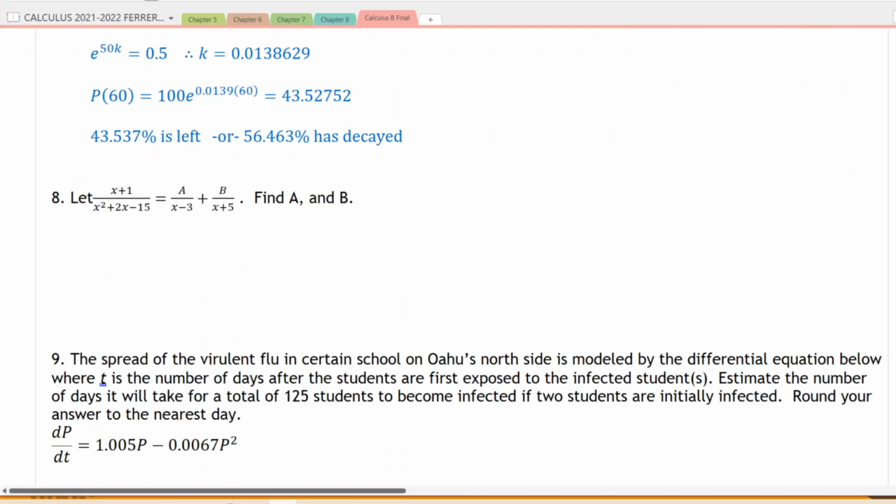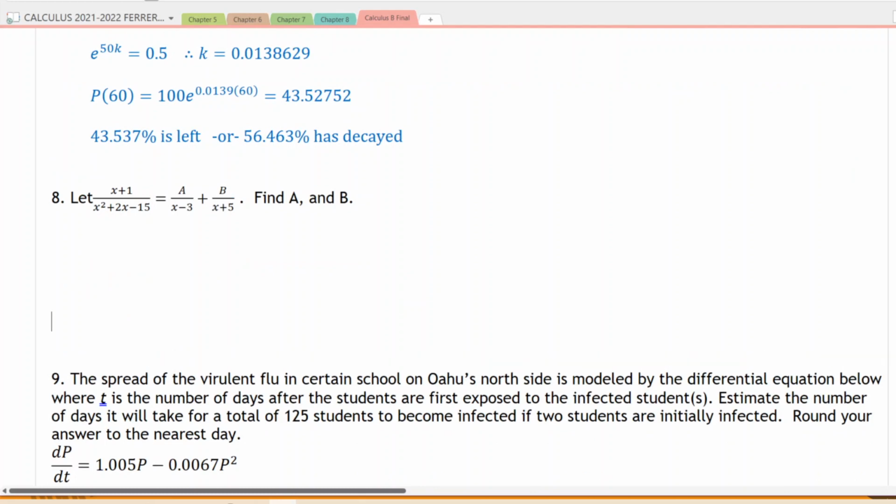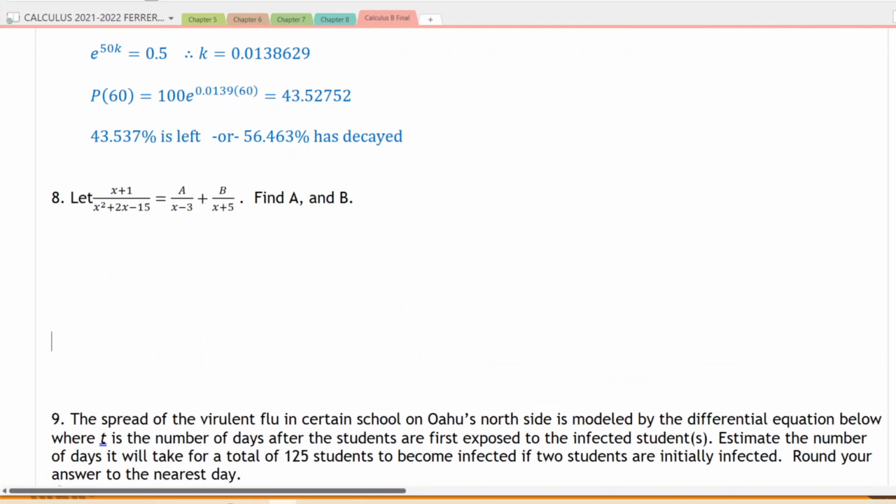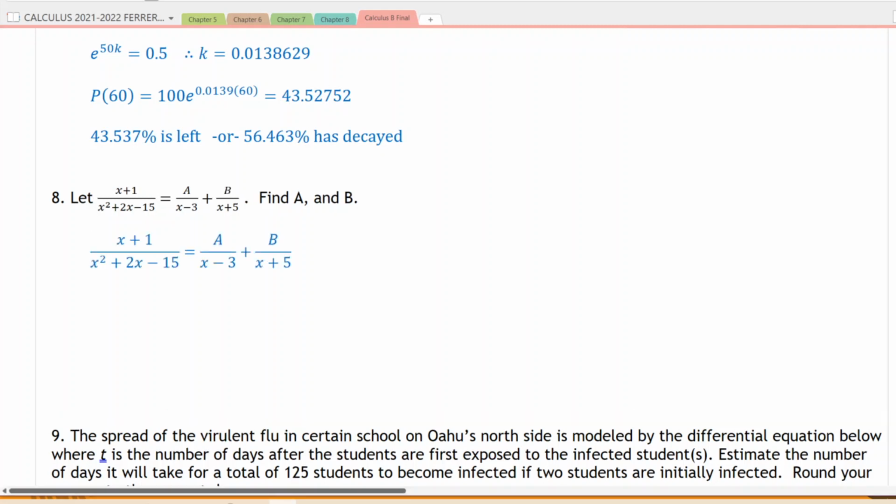Number 8 is a problem which looks to me like a partial fractions problem. If we take this and equate them, we should be able to solve for A and B. The first thing to do is to put everything to a common denominator.